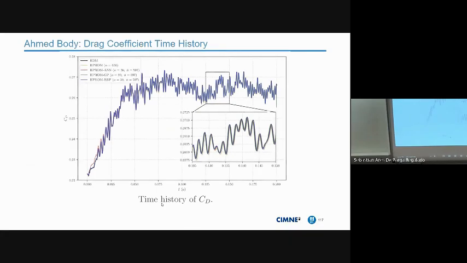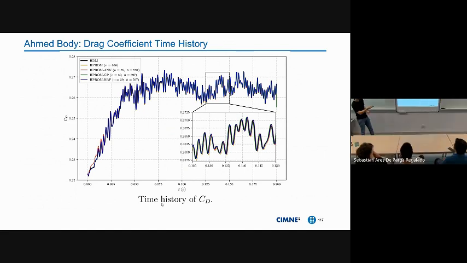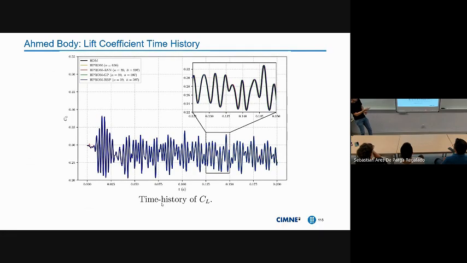Now, let us go and see a little bit of the qualitative results. So I have the drag coefficient time history. As you can see, there is almost no difference in all of the methods. So this is working pretty well. For the ANN, you can see that at the beginning it does a little bit of something weird, and this is most likely because of the automatic differentiation of the neural network, or the data was not sufficient for the neural network.